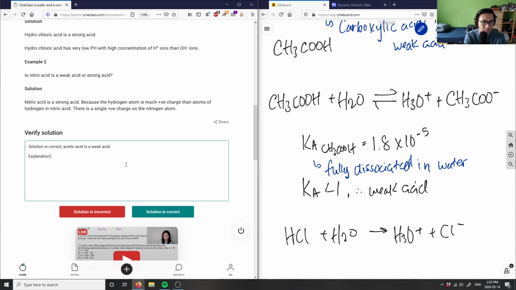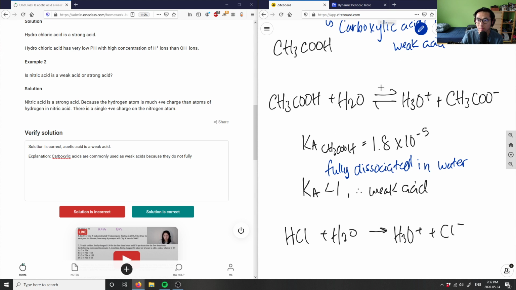And here's an explanation. I don't think they wrote an explanation here, but I'm going to say carboxylic acids, or organic acids, are commonly used as weak acids because they do not fully dissociate in water. I forgot a "do not" here.